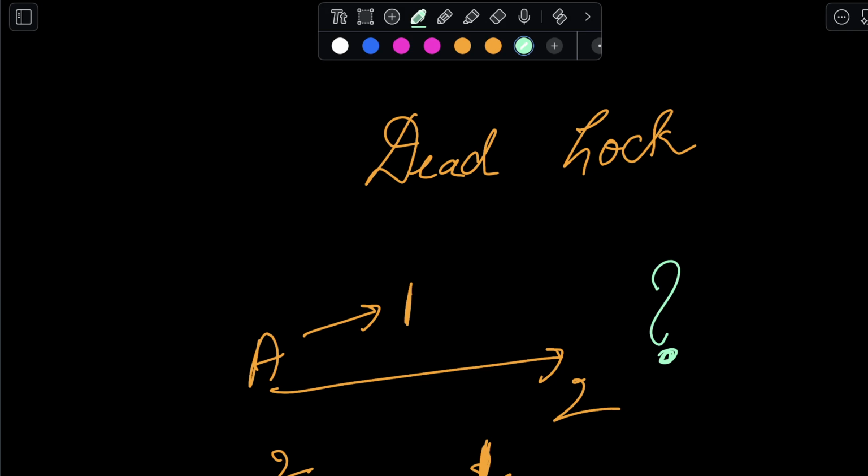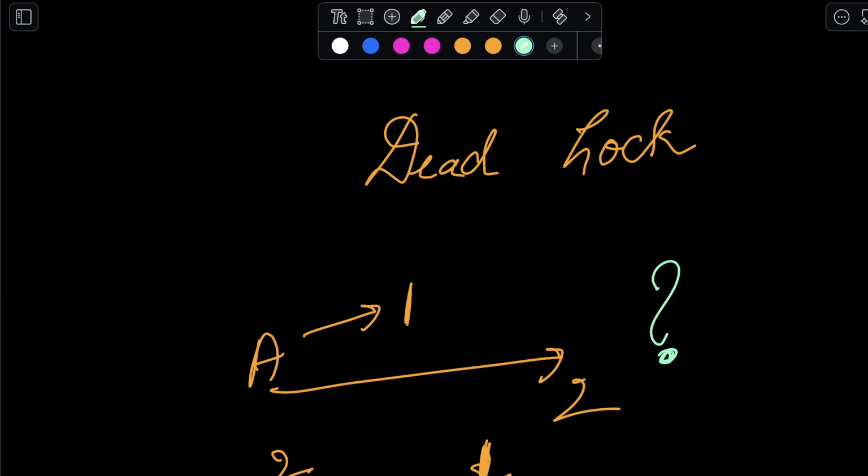This is a small caveat about deadlock. So when we have multiple processes, the critical section is one of the problems, he's trying to say. But then when we have multiple resources, deadlock is also one big issue that can occur.